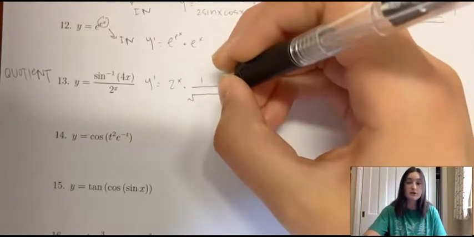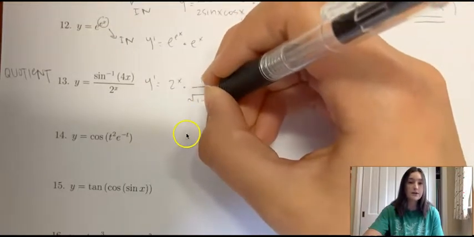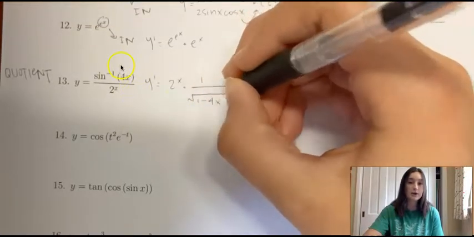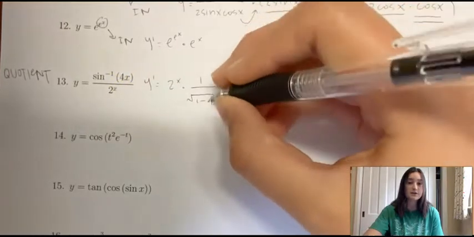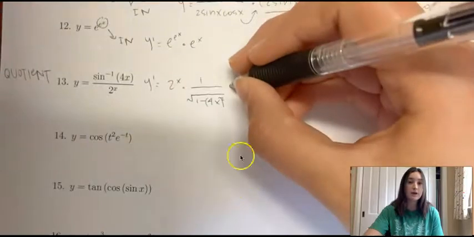So just remember here that you're substituting this 4x into any case that there's an x in the derivative. So since the derivative of inverse sine of x is 1 over root 1 minus x squared, and you want to plug in that 4x anytime you see an x, then that turns into 1 over square root of 1 minus 4x squared.